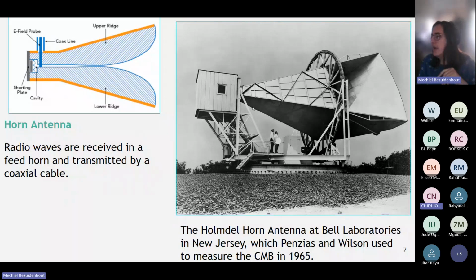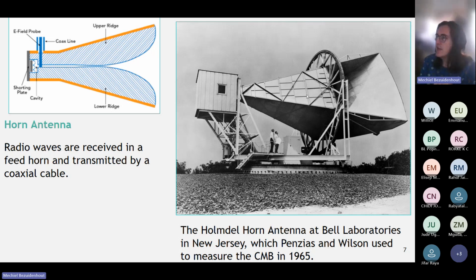And a very famous horn antenna is shown on the right here. This is the antenna that Penzias and Wilson used in 1965 to measure the cosmic microwave background. So they didn't use a dish telescope like we know today.